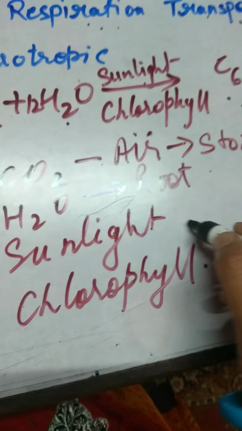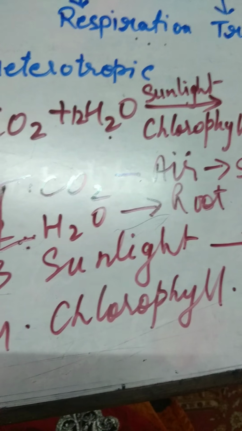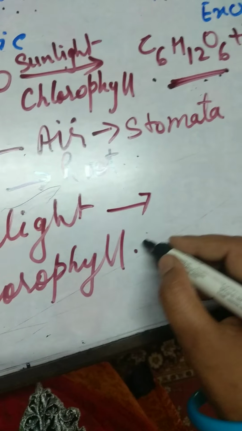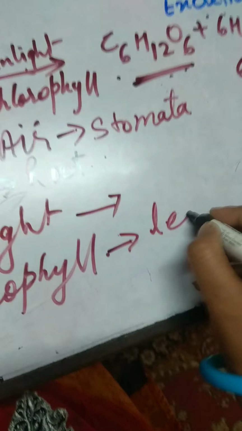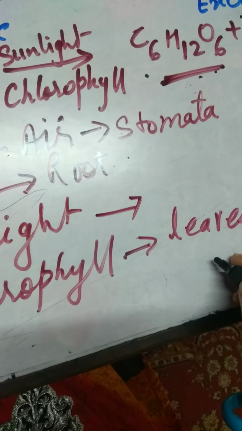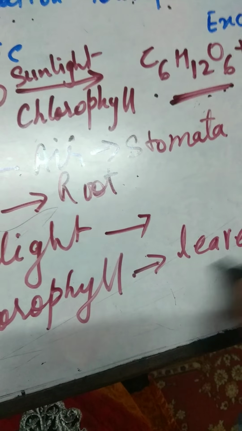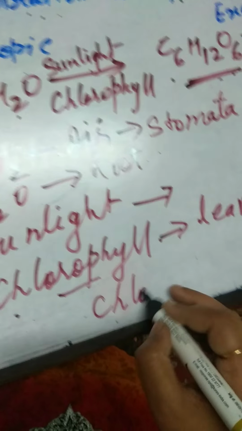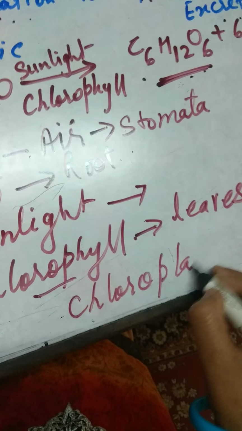Now, sunlight, obviously we know the source is the sun. Chlorophyll is present in the leaves. It is a pigment present in the chloroplast.